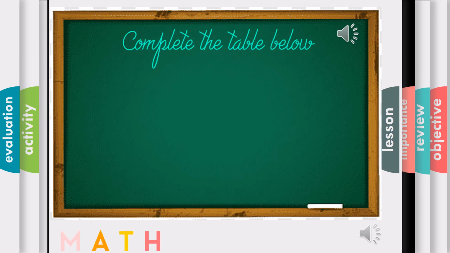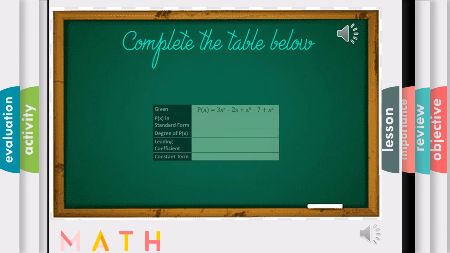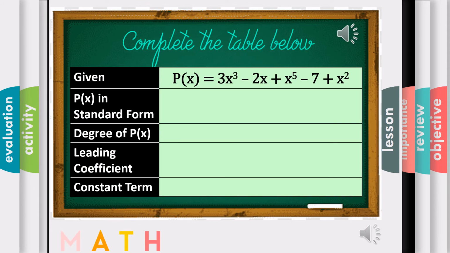Now let us complete the table below. Our given polynomial is p of x equals 3x cubed minus 2x plus x raised to 5 minus 7 plus x squared. To rewrite our polynomial function in standard form, we are going to arrange our terms in decreasing powers of x.